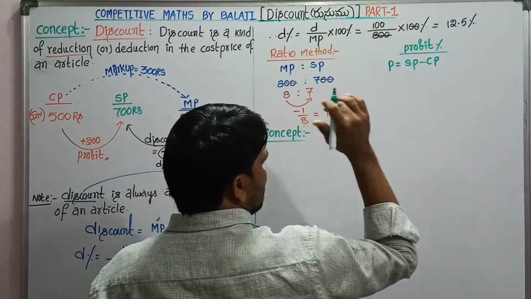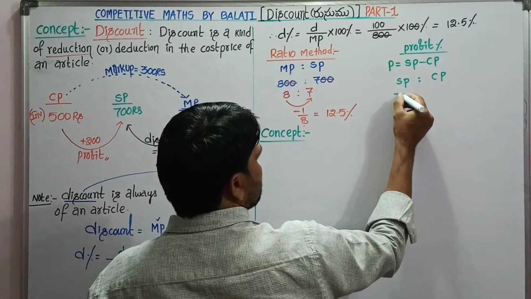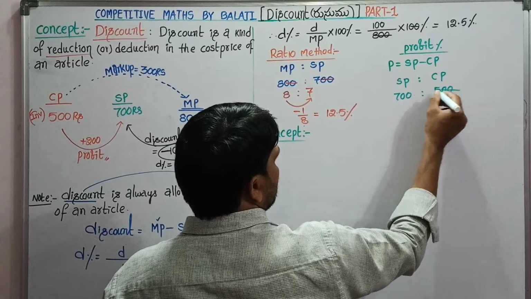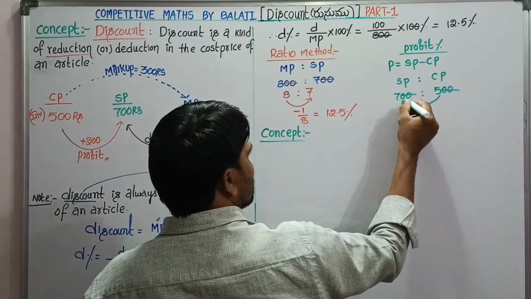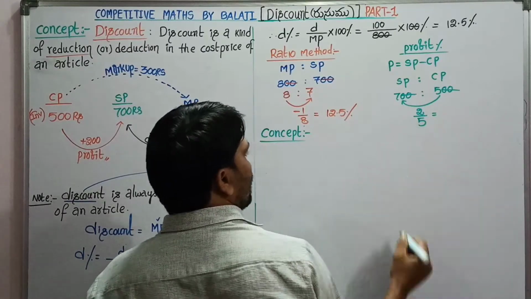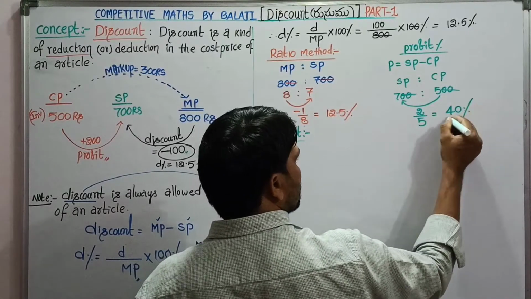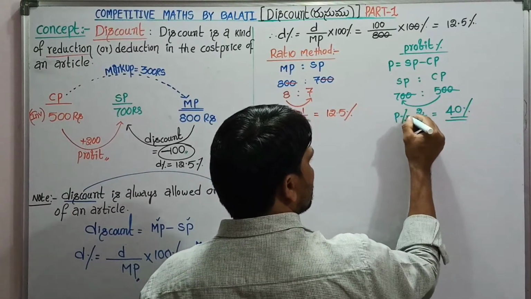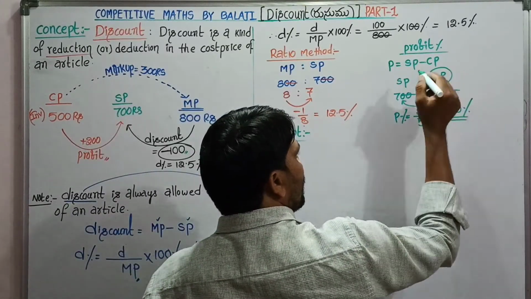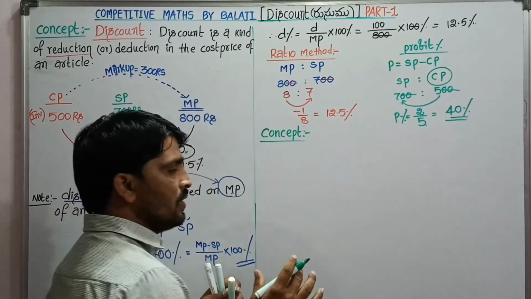To find profit percentage, we consider the ratio of SP to CP. SP is 700 and CP is 500. Two zeros cut. There is 2 units profit over cost price 5. So 1 by 5 is 20%, 2 by 5 is 40%. Profit percentage is 40%. Yes, since cost price is the base. Why? Because profit percentage is always calculated on cost price.